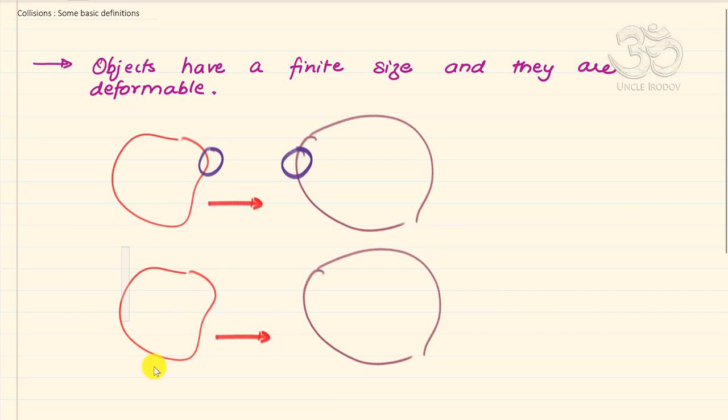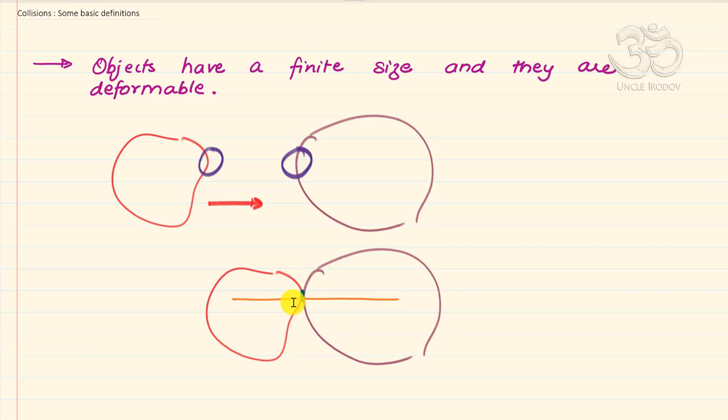So what will probably happen is, as the red object keeps on moving, at this point the object on the left and the object on the right are going to be in contact, and at that contact point I can think of a small surface of contact like that green surface, and as soon as I think of a surface of contact, I should be able to draw a common normal. So there will always be a common normal at the point of contact, and that common normal will be called the line of impact.